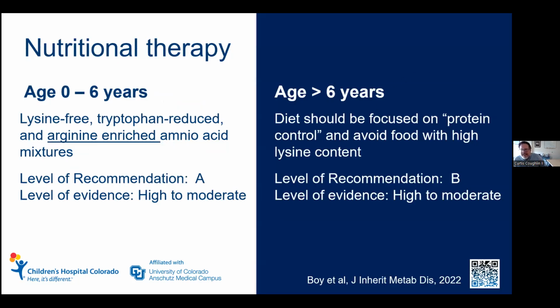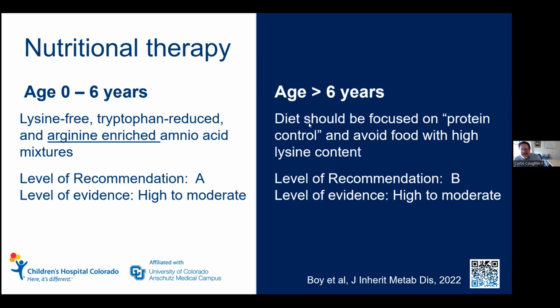One of the big changes in these guidelines from the previous is this idea of dietary treatment in this disease and how it is slightly different before age 6 and after age 6. And I will say that this has been an evolving recommendation over the last 3 sets of guidelines. So this is the newest one.